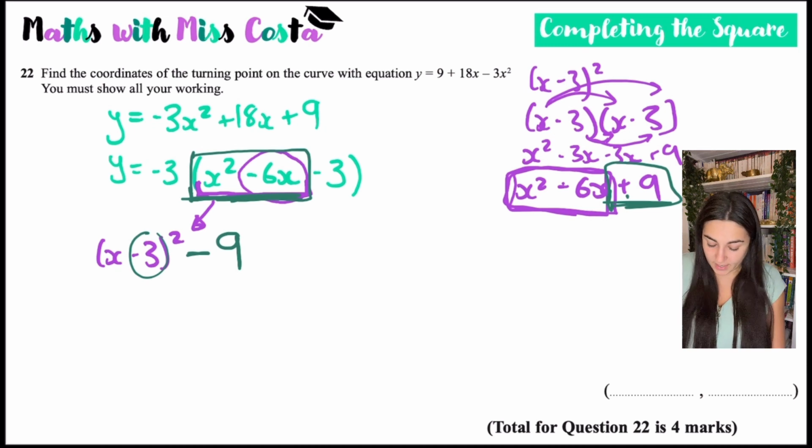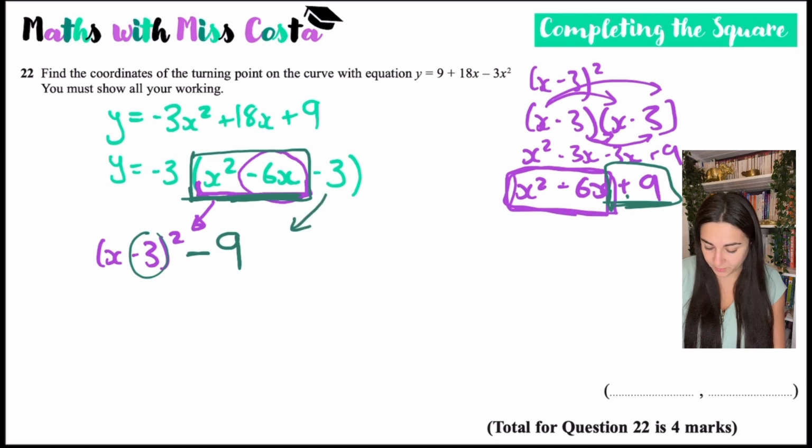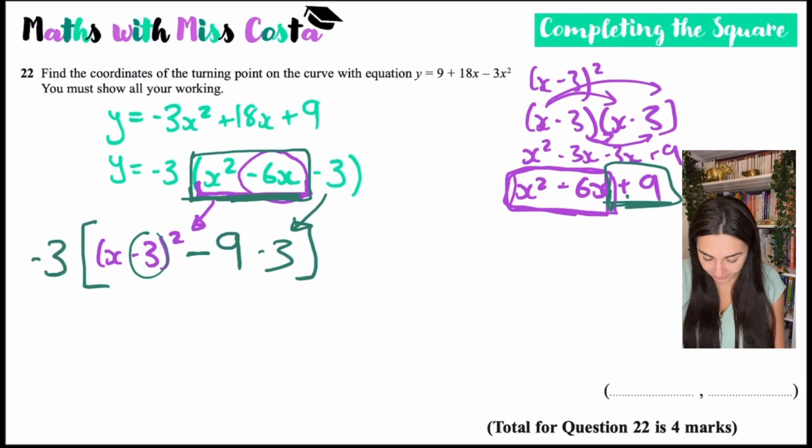Also, I've got a video on completing the square and turning points. This is just a really quick run through, so go and watch that if completing the square is something that confuses you. So we've got x take 3 squared take 9, and then I just put this in here, and that's inside your brackets. You do have the negative 3 on the outside. So let's simplify this and clear it up a little bit.